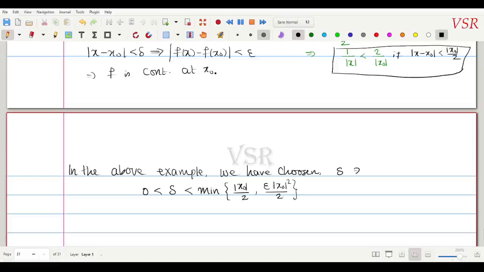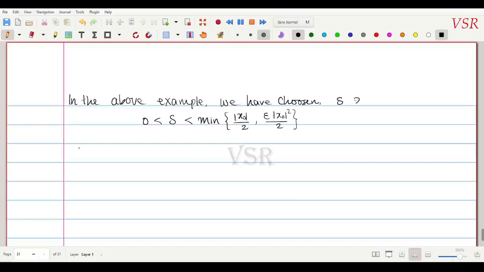Okay, note that suppose epsilon equal to 1, x naught equal to 1, then what delta do we get? Then 0 is less than delta which is less than minimum of 1 by 2, comma, 1 by 2. So you may choose delta which is strictly less than 1 by 2. Correct.